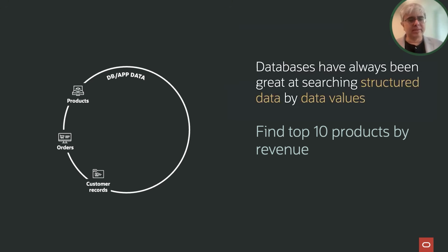So this is what databases have always been good at in the past. They've been fantastic at searching for data by values. This is what databases have historically always excelled at, like finding top products by revenue, for example.